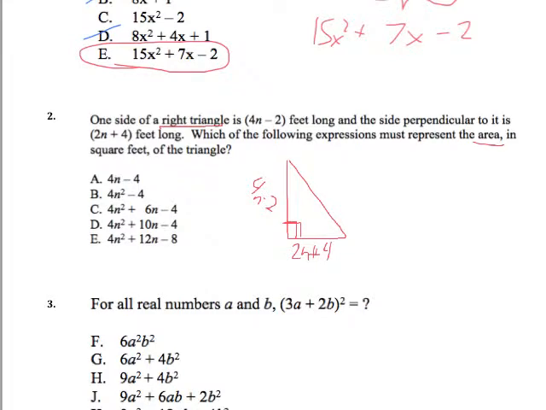Well, the area of a triangle is 1/2 base times height. And the base on this one would be this guy right there, so that's our base. And this is our height. It really won't actually matter which one's which if you get those backwards, because we need to do this.